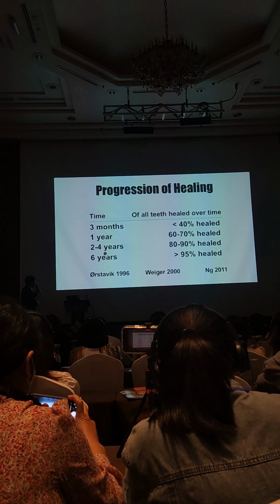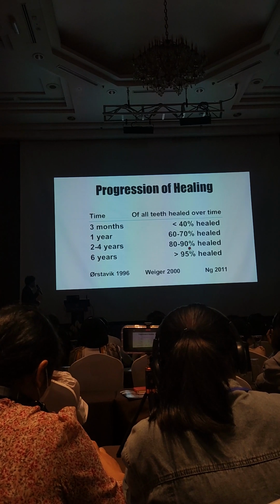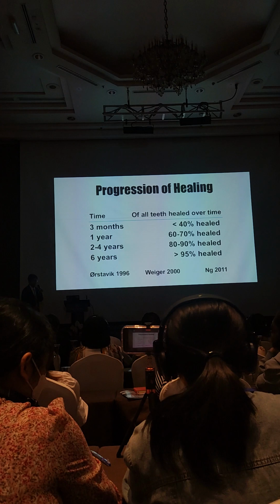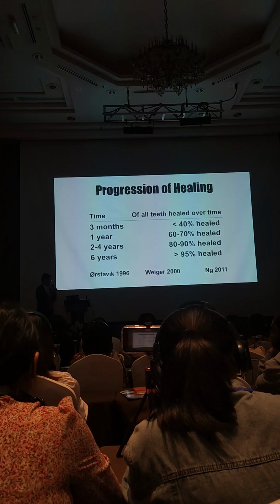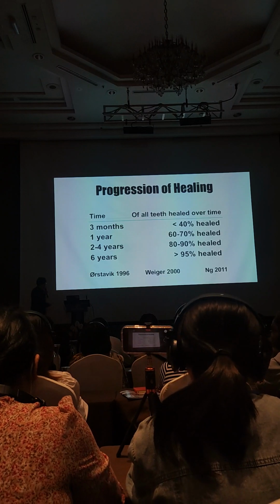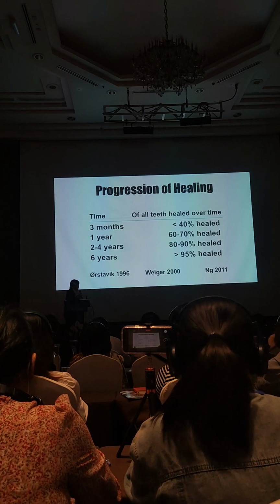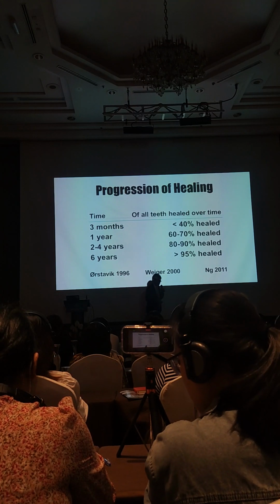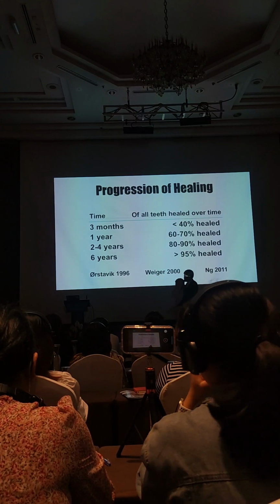If you wait 6 years, more than 95% of the cases heal. 5% still are not healing, maybe shrinking, but not healing. So you have to discuss the issues you may have with the patient before you start the treatment.